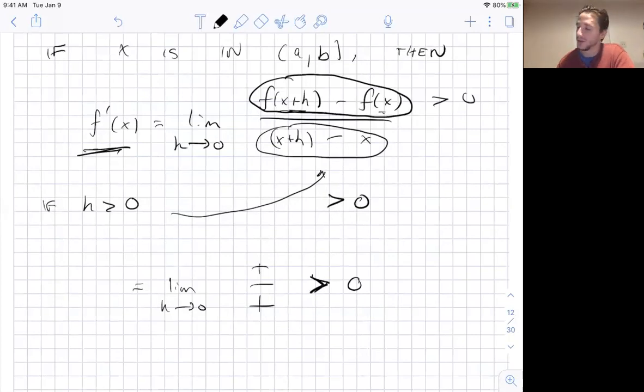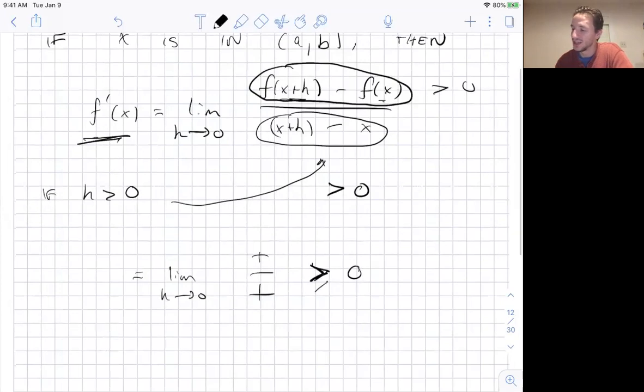Now I'm being a little relaxed here. I can only guarantee that this is greater than or equal to 0, which is why some books define increasing with greater than or equal to, or less than or equal to for decreasing.